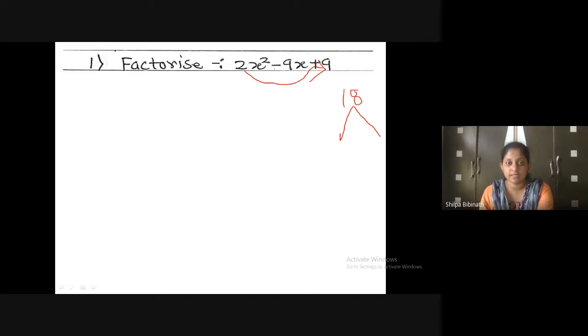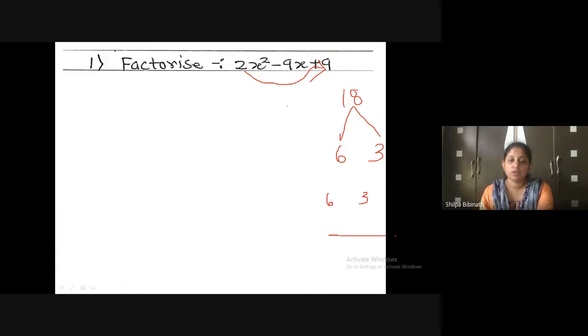First we won't consider the sign, and we'll just check for numbers which multiplied together give 18, and added or subtracted give the middle term, that is 9. Yes, 6 threes are 18, and 6 plus 3 is 9. So we got the two factors, one is 6, one is 3. When we add 6 and 3, we get 9, but the sign should be minus. So we need minus 9.